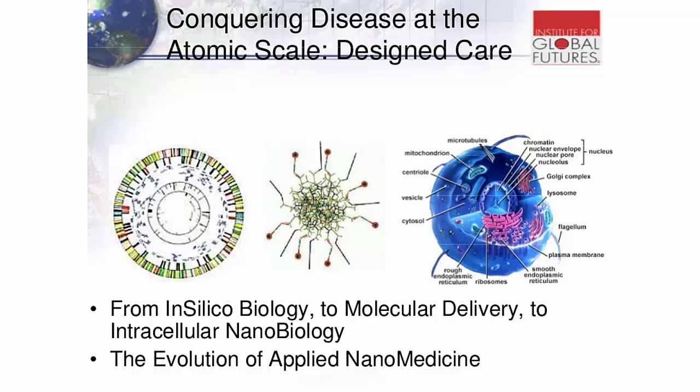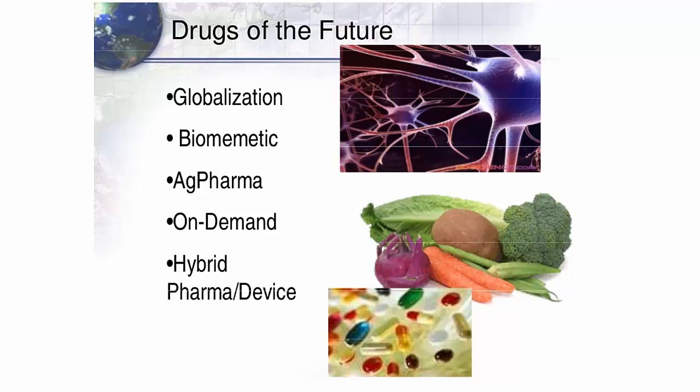Little tiny actual machines going through our bodies at the cellular or subcellular level, and this is our nano world, our nano medicine. You can think about these in terms of drugs for the future. Again, we're going to need global, cheap drugs that are out there. We want it to change.